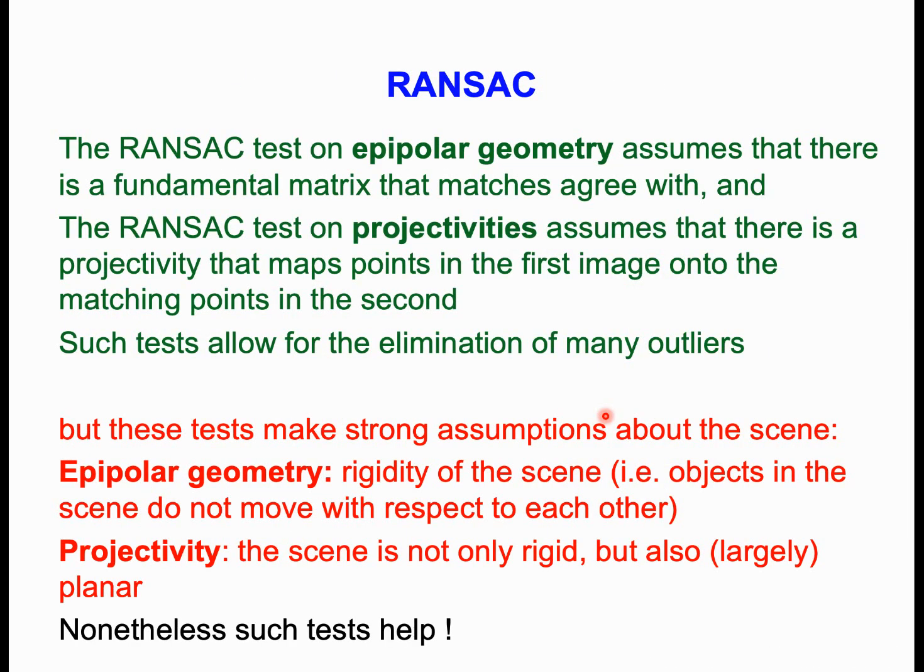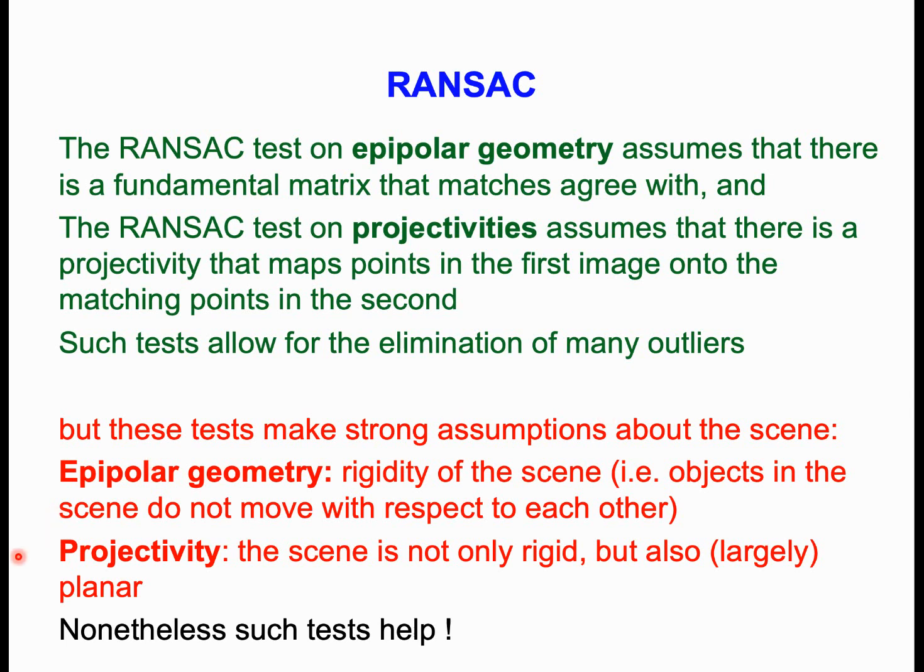Now, RANSAC is extremely useful and used in practice quite often, but these tests also make strong assumptions about the scene. If we think about epipolar geometry, we assume the rigidity of the scene, meaning that the objects in the scene do not actually move with respect to each other. Now, when matching different landmarks, that's fine because landmarks are rigid structures. But if we are matching a human body, that is a bit different case.